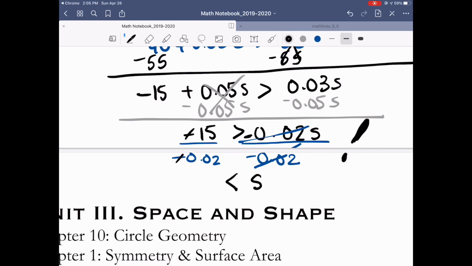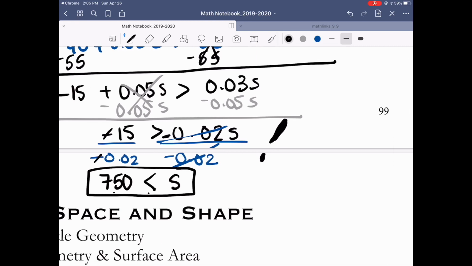Well, the negatives cancel each other out, and 15 divided by 0.02 is 750. So 750 is less than S, which means that S has to be greater than 750.